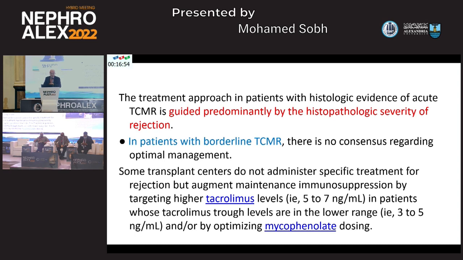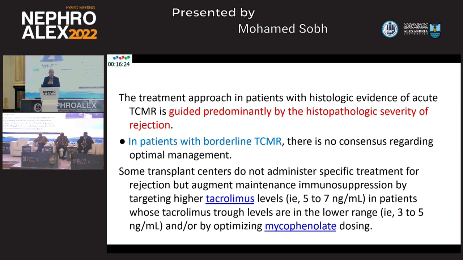We know that the treatment approach in patients with histologic evidence of acute T-cell mediated rejection is guided predominantly by the histologic severity of rejection. So we have to know the biopsy by heart to treat the patient properly. For example, in patients with borderline T-cell mediated rejection, there is no consensus regarding optimal management.